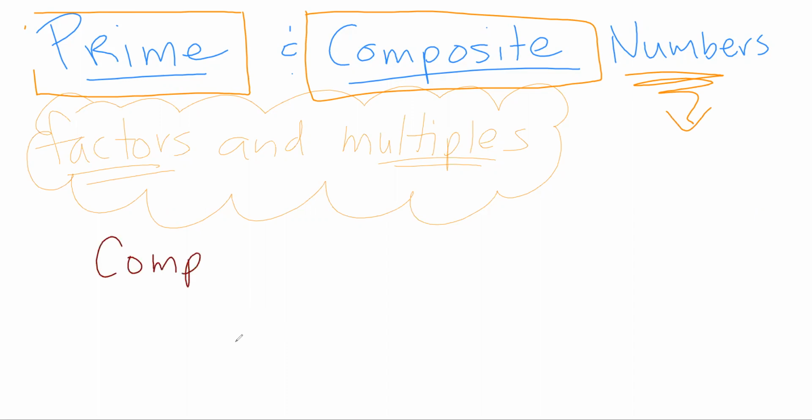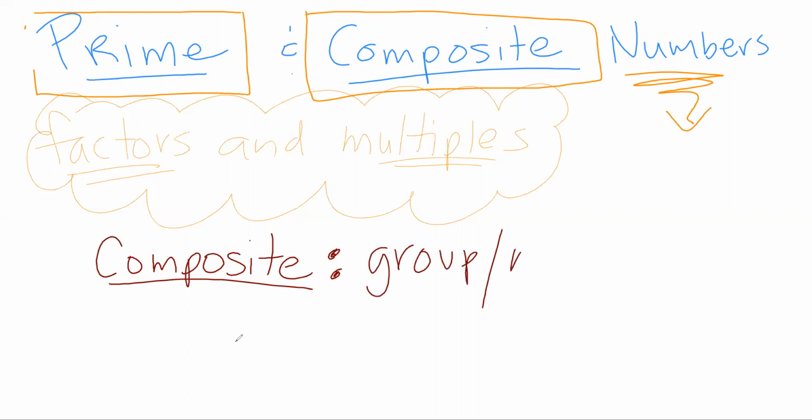One of the great things about this is knowledge of certain words can support our understanding, right? If something is a composite, like a composite of things, it's a collection, it's a group, it's many. So a composite number is going to be something that has many.